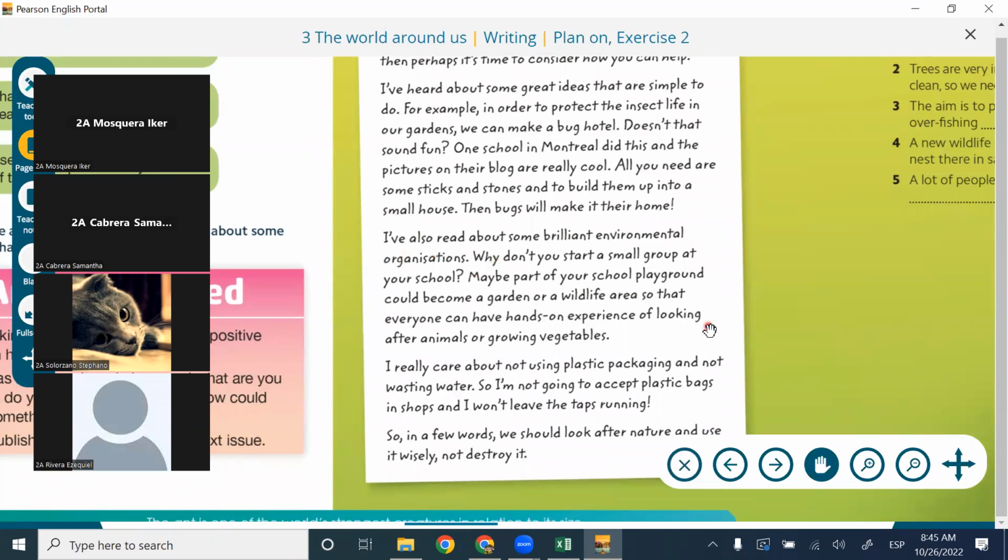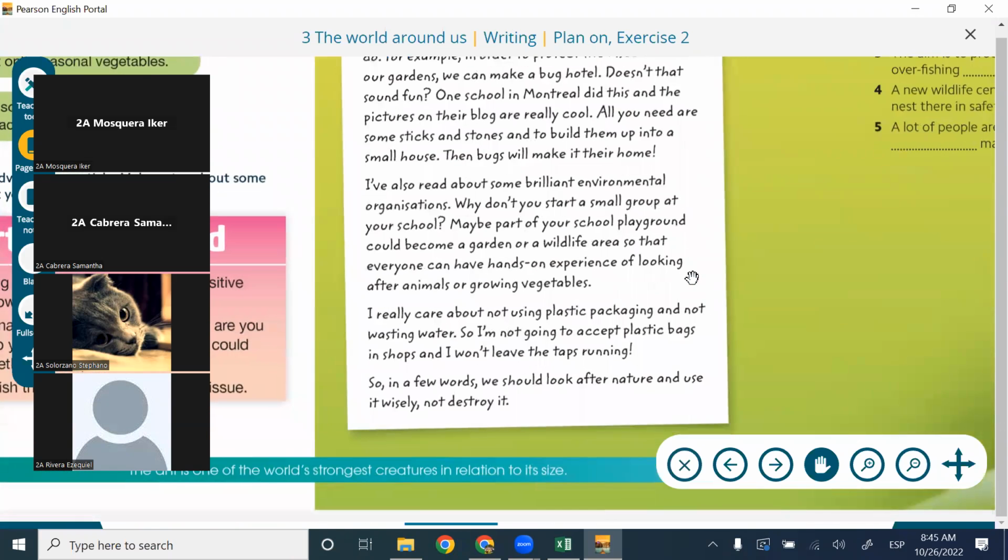I've also read about some brilliant environmental organizations. Why don't you start a small group at your school? Maybe part of your school playground could become a garden or wildlife area so that everyone can have hands-on experience of looking after animals or growing vegetables.